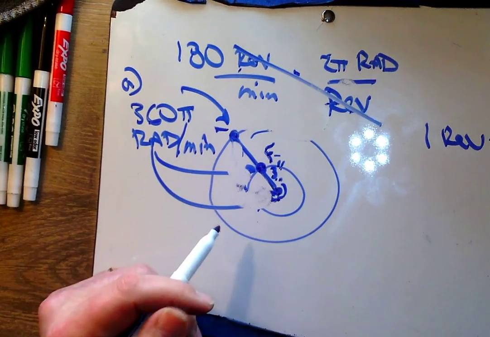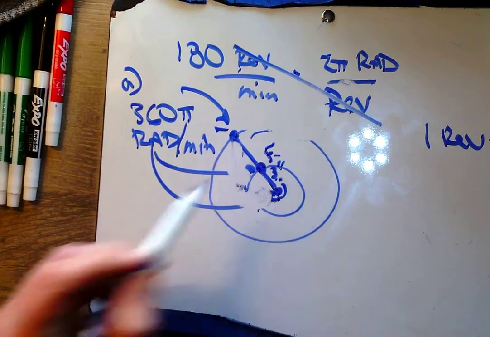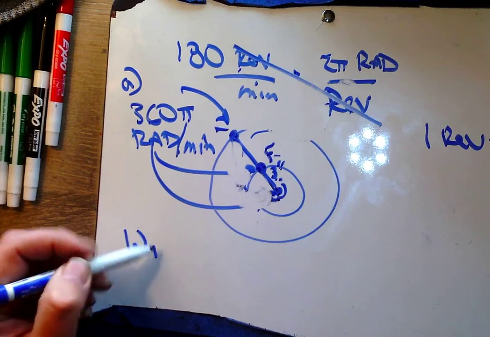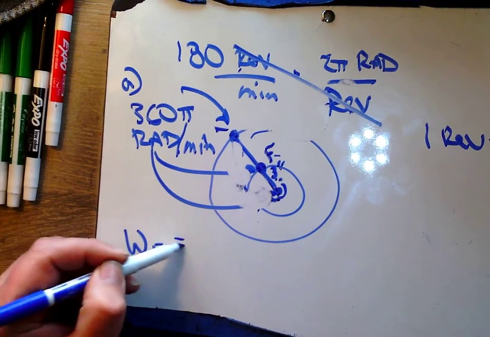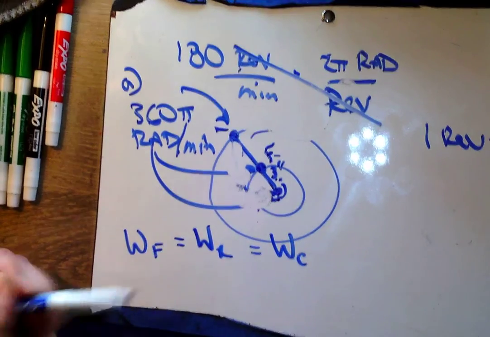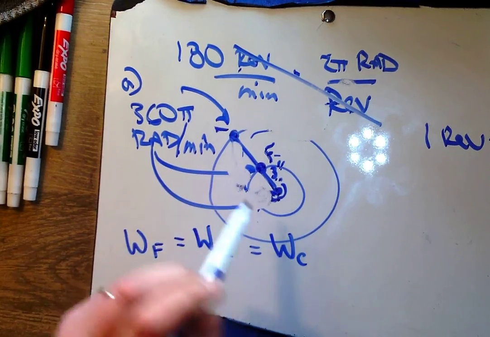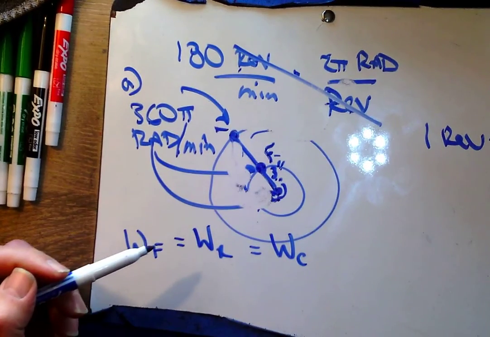So what do we have going on here? Well, I have a spinning disk. And because I have a spinning disk, I know that the angular velocity of the feather, the angular velocity of the rock, and the angular velocity of the child, they're all the same. They're all turning through the same amount of angle in the same amount of time.